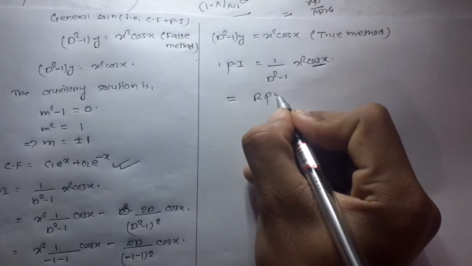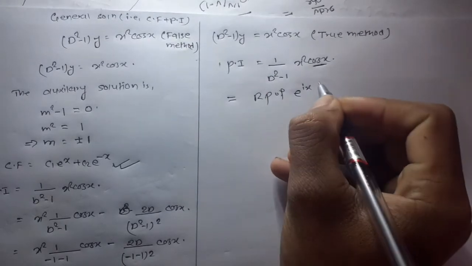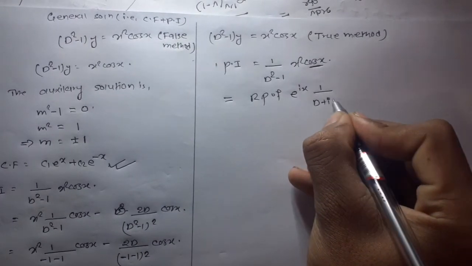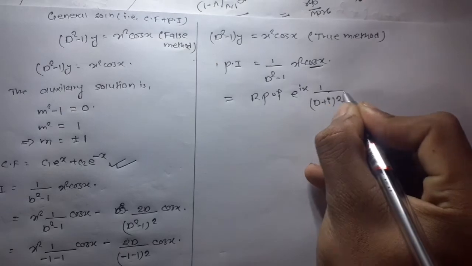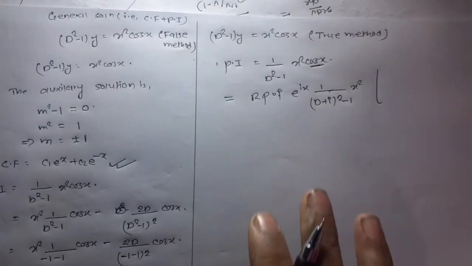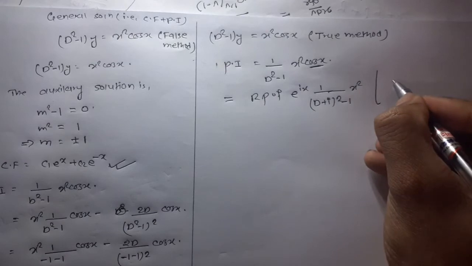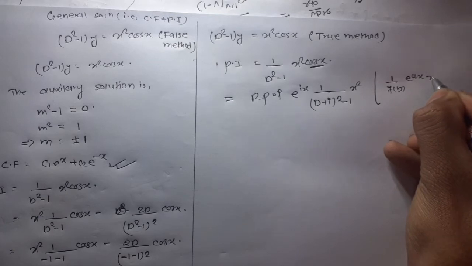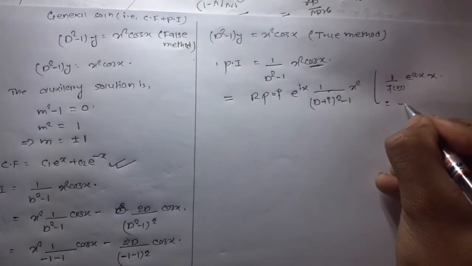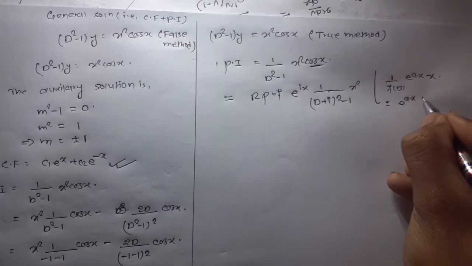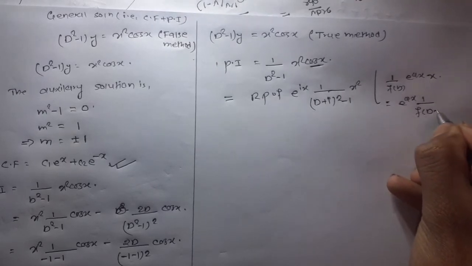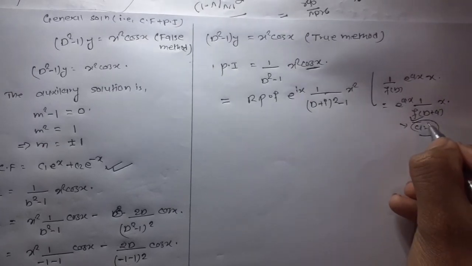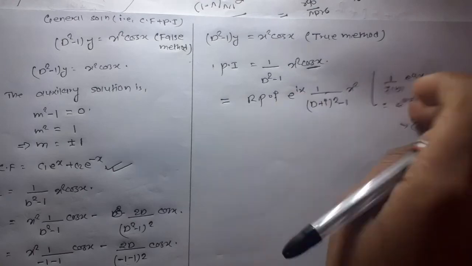So real part of e^(ix) · 1/((D + i)² − 1) x². Because we know 1/f(D) e^(ax) V is e^(ax) · 1/f(D + a) V. In this case a is equal to i, so we simply use this formula.